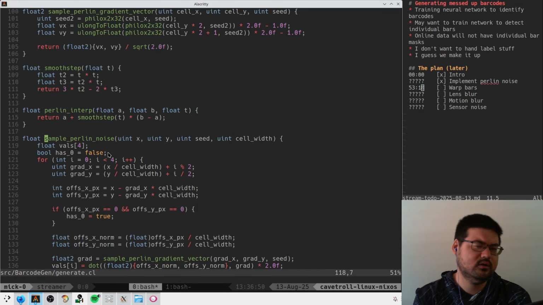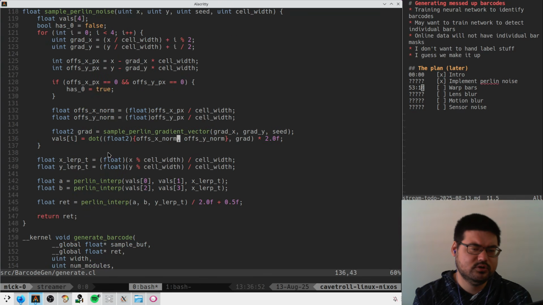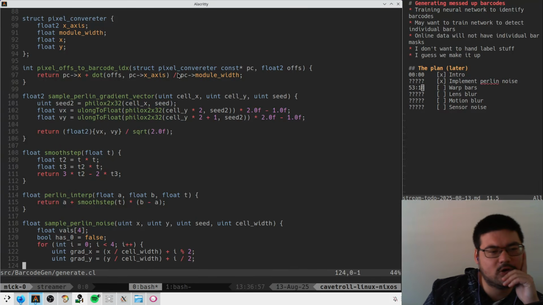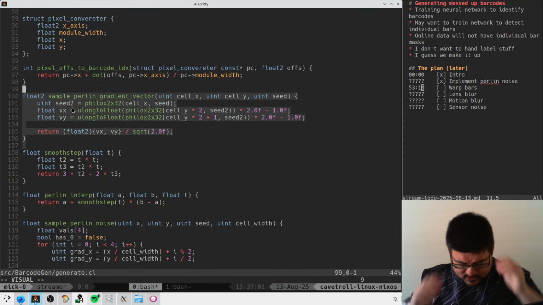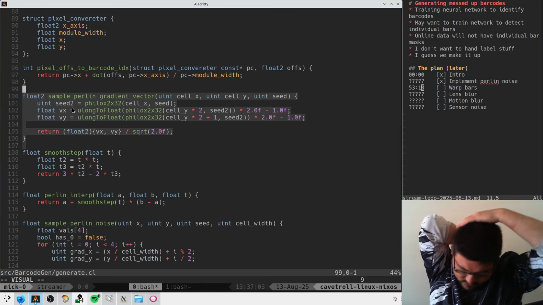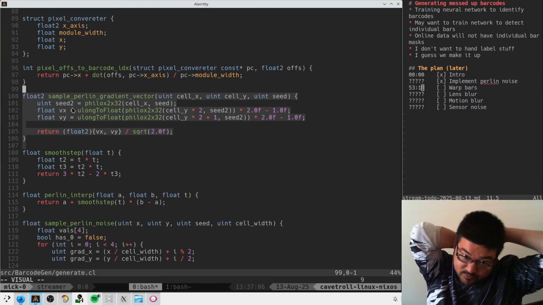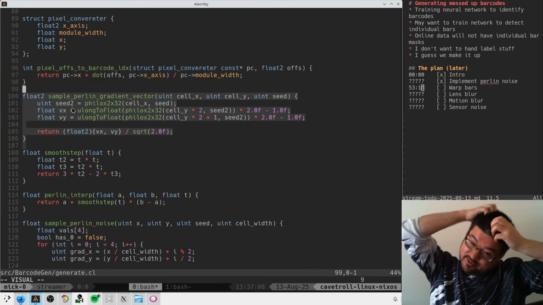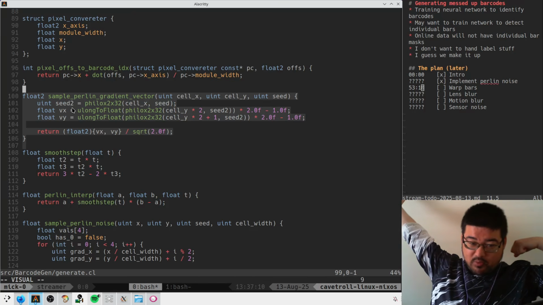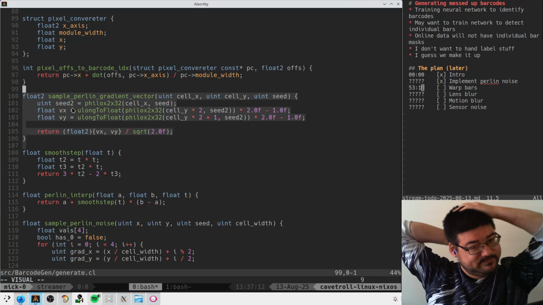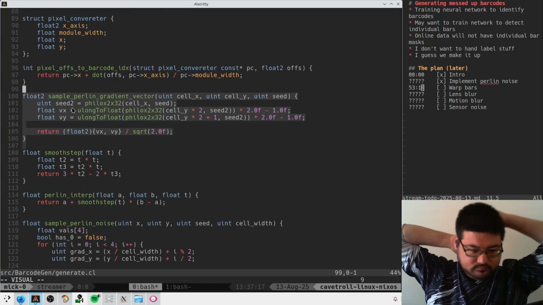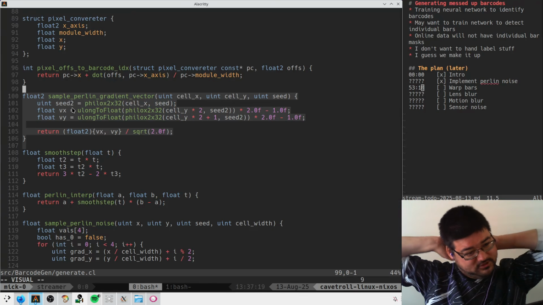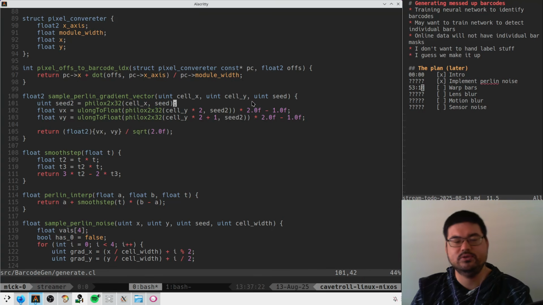So in this Perlin gradient vector generation, we used the cells of the grid plus a seed, and maybe we just throw in an offset on this, or we just use a different seed.